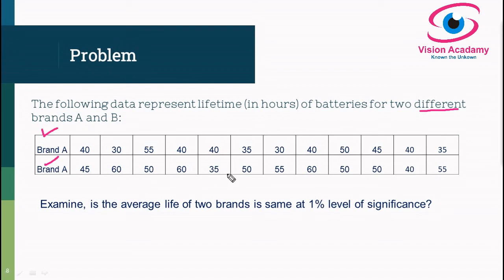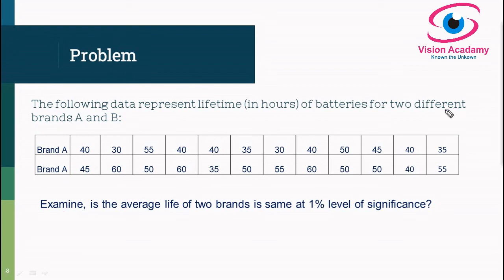For brand B, data are also given. We need to examine whether the average life of the two brands is the same at 1% level of significance. So let us see whether the average life of the two brands is the same or not.